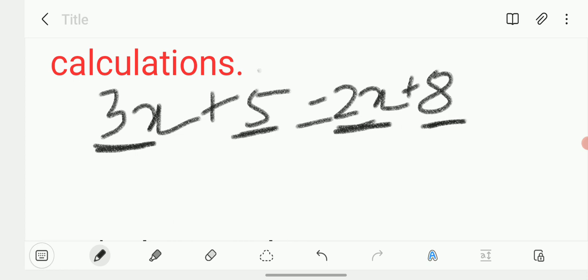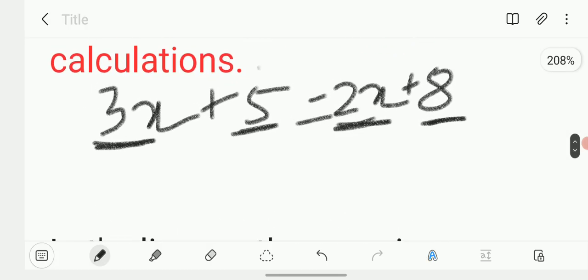What did I say? You should place all the constants on one side, any side. It may be left hand side or right hand side. You should place all the variables on one side. Okay, let me do that.